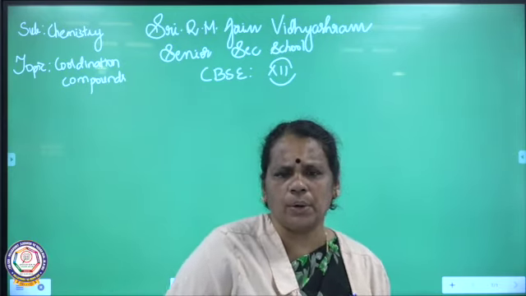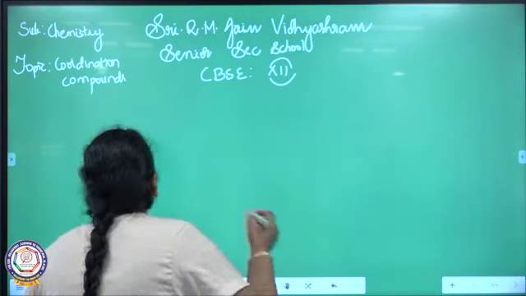So, based on this we are going to calculate the coordination number for bidentate ligands. One by one we are going to see in detail. To start with, the first sum.